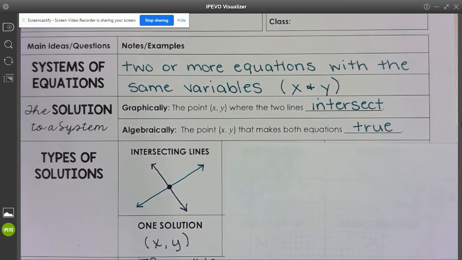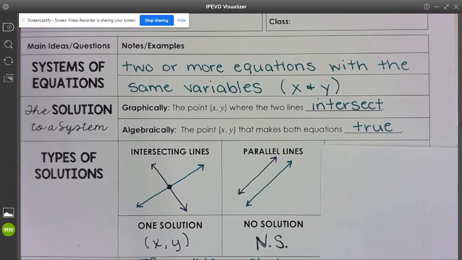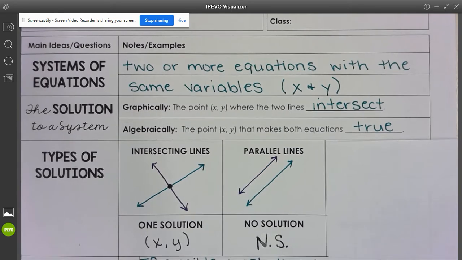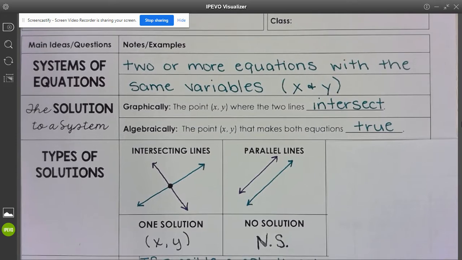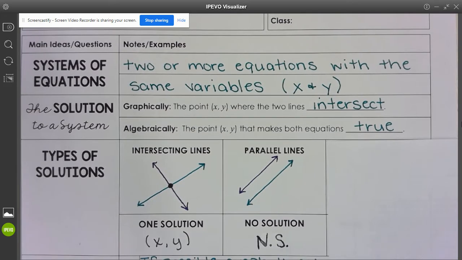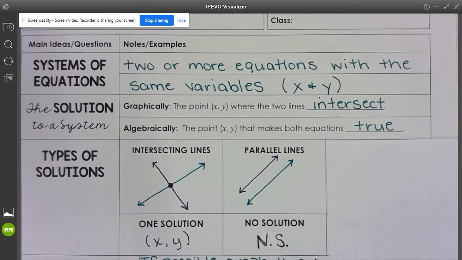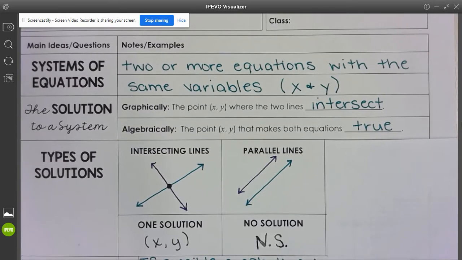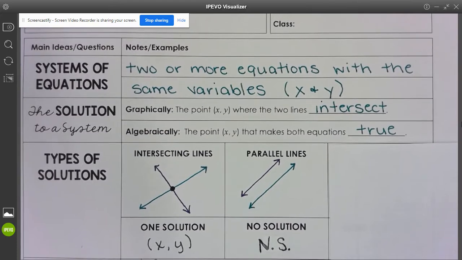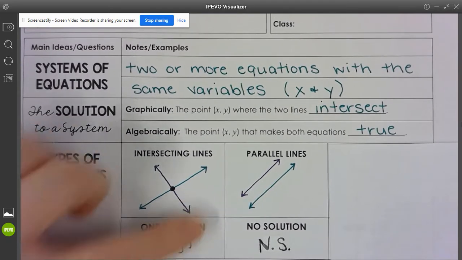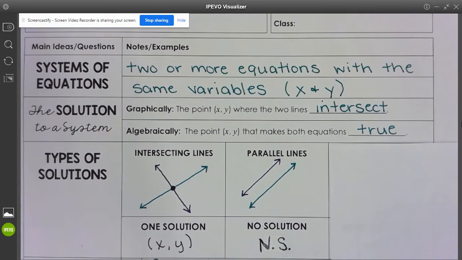We could see lines that are parallel, and we know that if lines are parallel, they have no point of intersection. That means there will be no solution. You could see that written as NS, NA, but typically, especially if it's a multiple choice question, you will see it written as no solution.